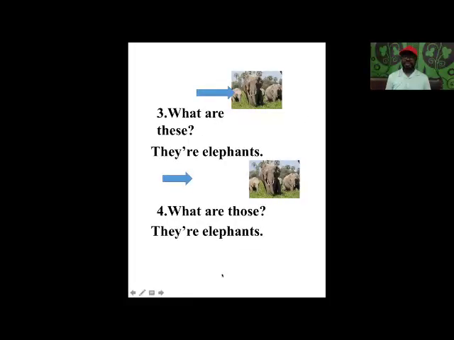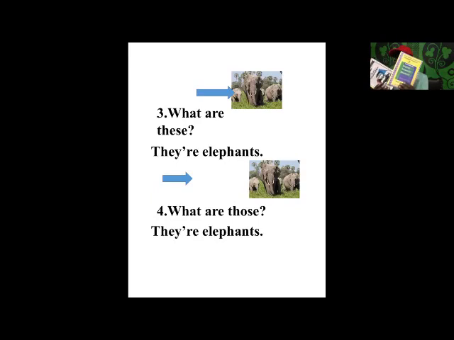Number 3. What are these? Now I want you to get the difference between this and these. This book. These books. The spelling of these, you add S to the noun. These books. This book.